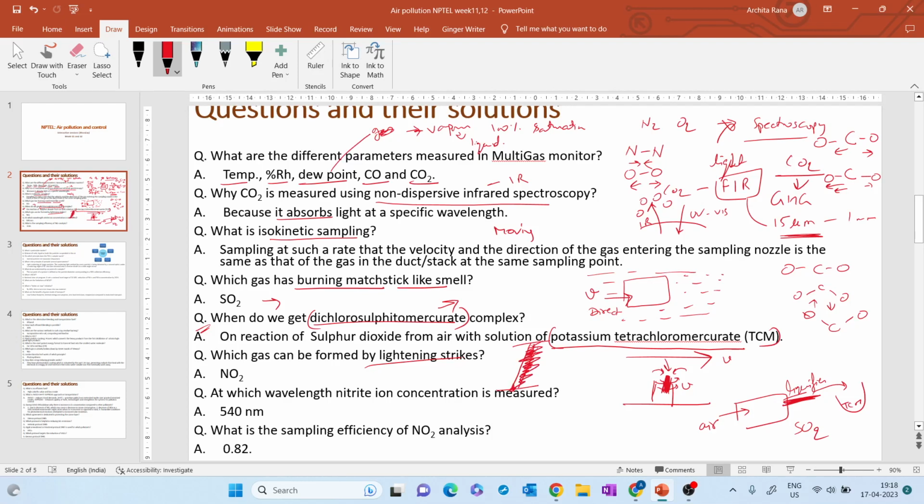Now this path which the lightning travels has lots of gas molecules, and reactions take place between the gas molecules to give a gas which is NO. But this NO has a short lifetime, so it further reacts with oxygen and gives NO2.